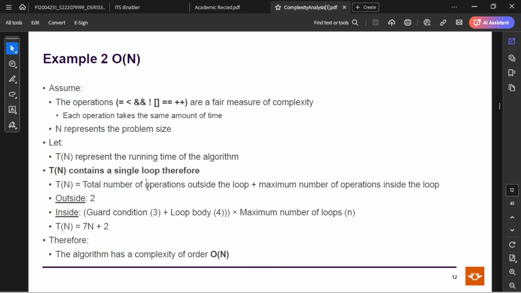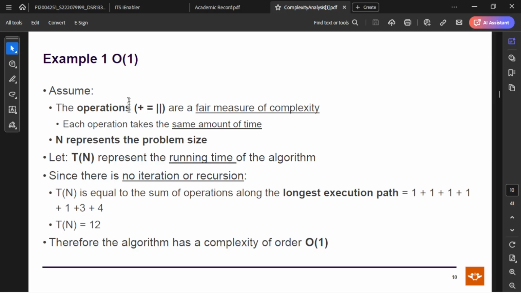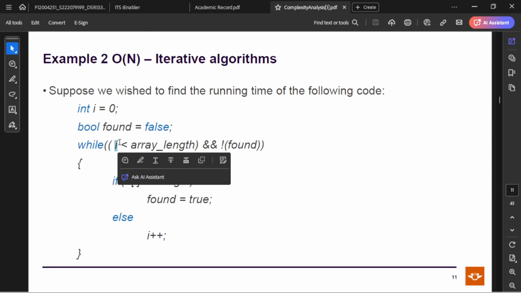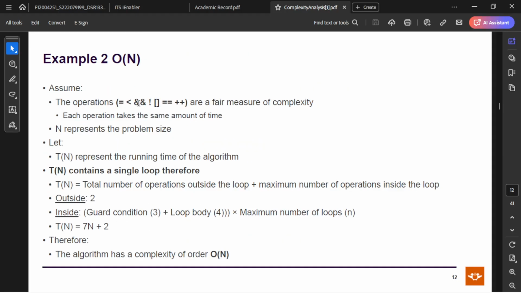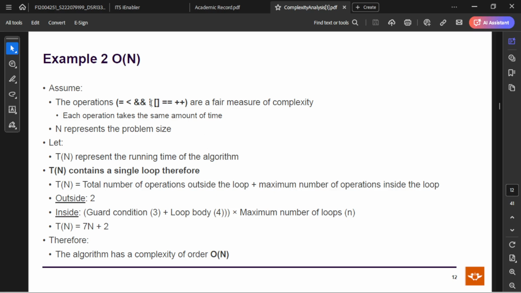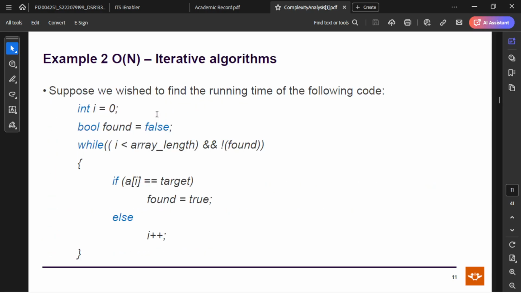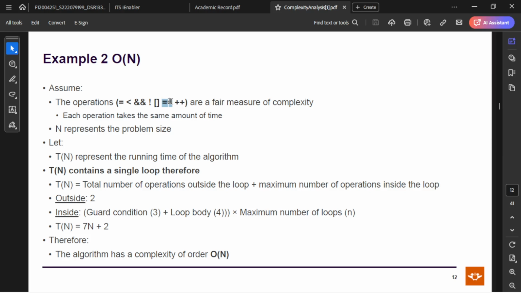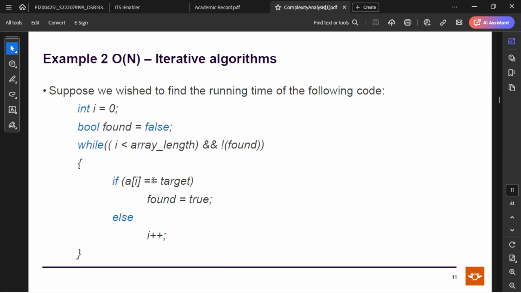Here they didn't simplify it. Instead, when they were given the assumption, they said they will count using the equal sign, which is normal, and then the less than, which is this sign over here, right? And then the and, which is this one over here, and then the not, which is the one over here, right? And then the double equal sign, which is the one over here.